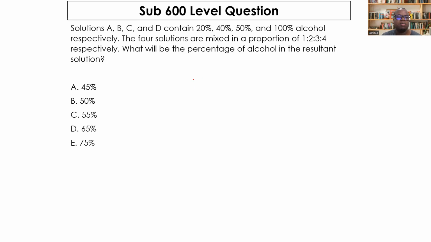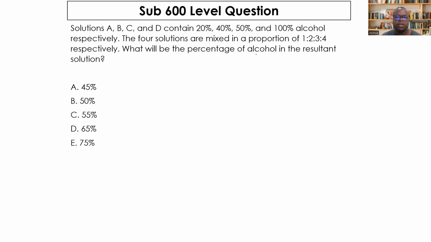So we have alcohol and non-alcohol in the mixture, and the whole volume of the liquid. The rest could be water or another drink altogether. We don't know, but that does not matter.